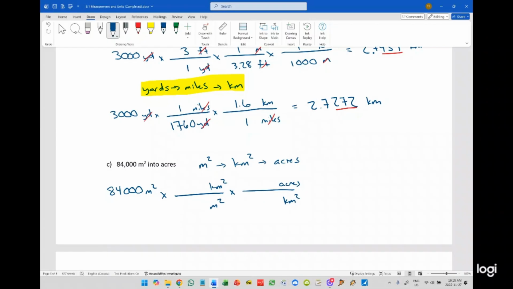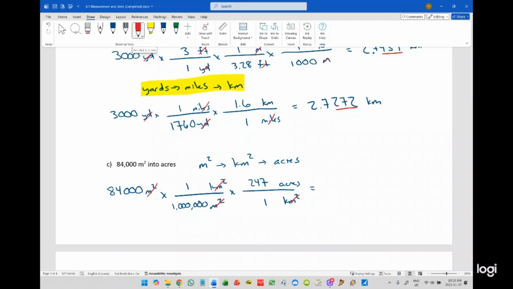And I know from my table that 1 kilometer squared is 1 million meters squared. And I also know that 1 kilometer squared is equal to 247 acres. So what I want to do is cancel those. And in my calculator, I'll do 84,000 divided by 1 million equals times 247.